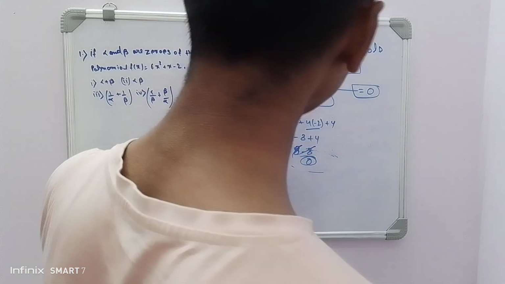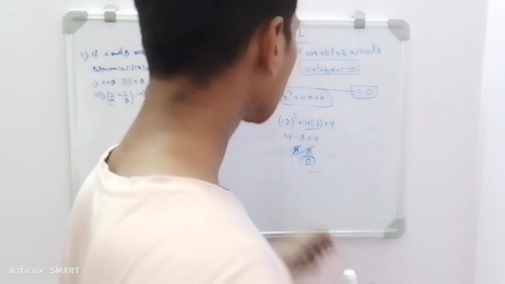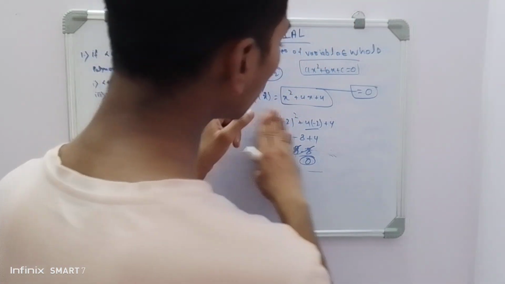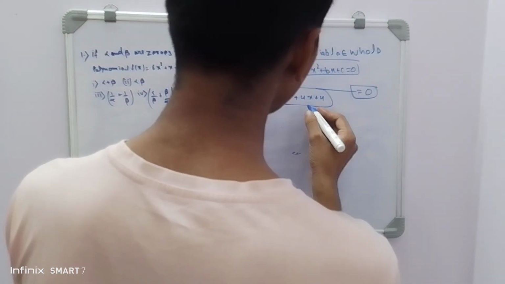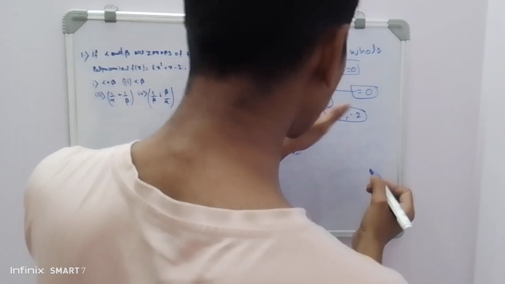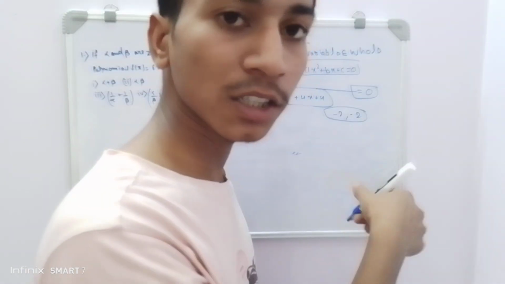So f(x) means the value of x for which this side is going to be 0, then it is called the zero of the polynomial. So we have two zeros, both of them minus 2 and minus 2. Both zeros of this polynomial are minus 2, as we get when we make the solution.